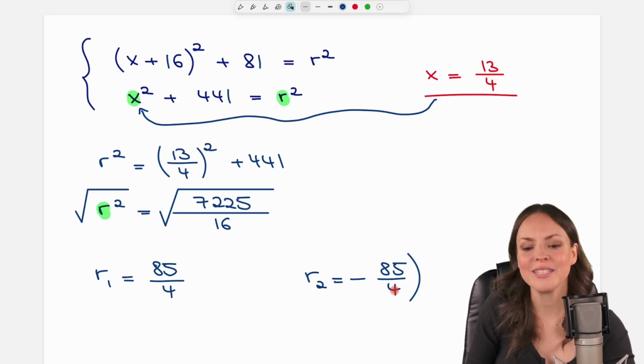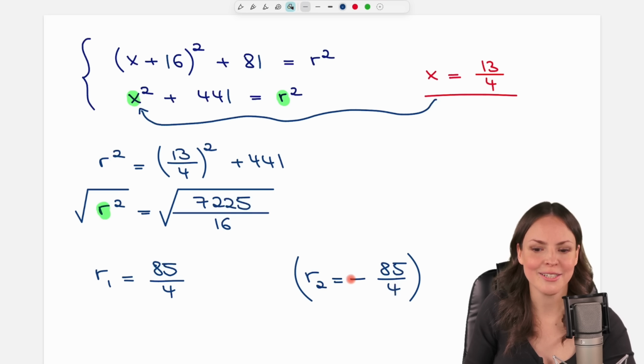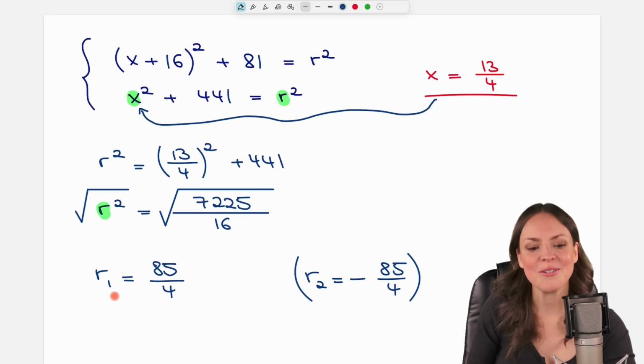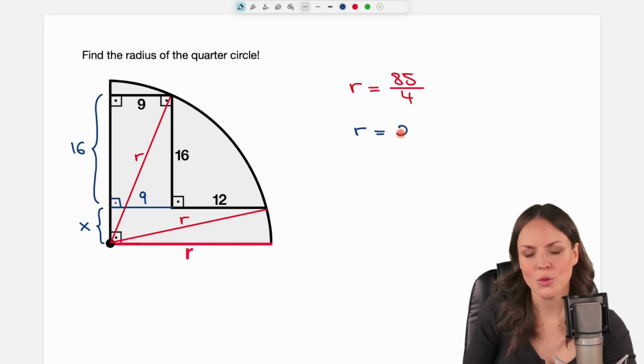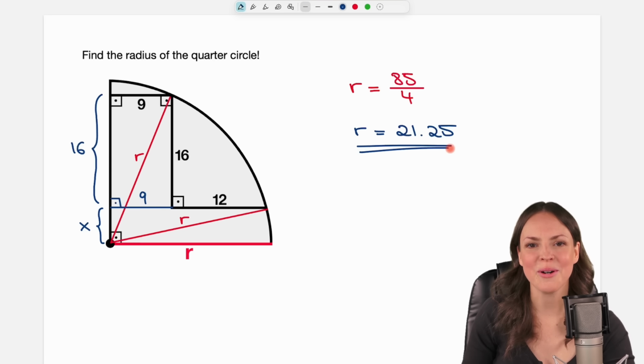The thing is, we don't need this negative result here because it's the radius, so the radius should be positive. So we use this here as a result for our radius. We can find the decimal number here as well. It's 21.25, and we solved our problem.